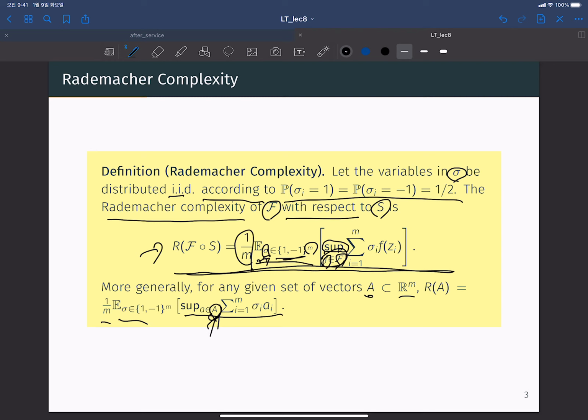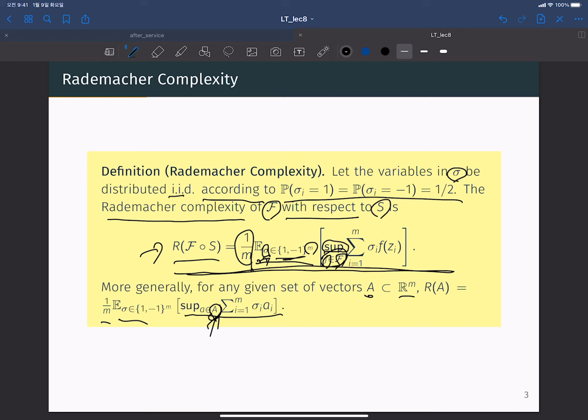And intuitively, the Rademacher complexity can explain the generalization gap of our function class or our hypothesis class, because when this R value is very small, it means that even for the extreme case, the validation error and the training error are almost the same.